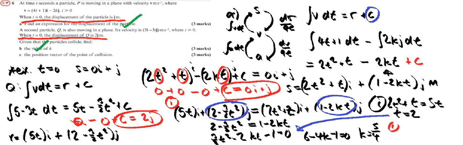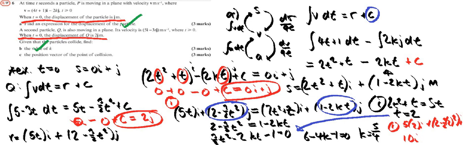So I'll substitute in. So I've got 5 times 2 i plus 2 minus 3 over 2 times t squared j. It gives me 5 times 2, that's easy, that's 10i.